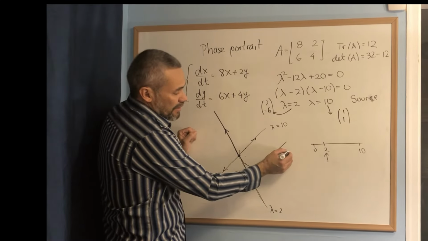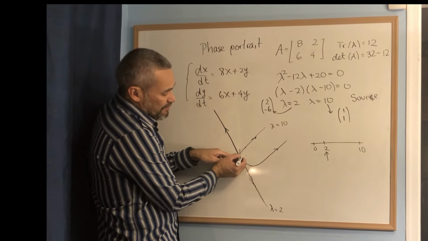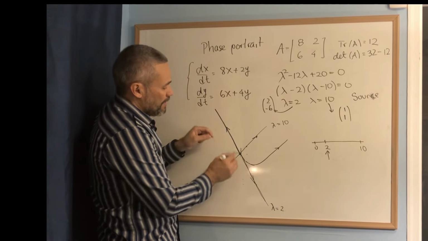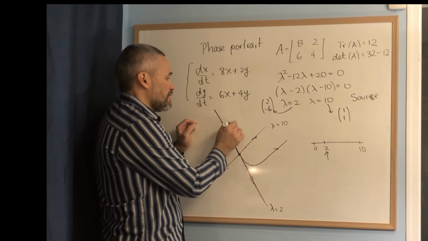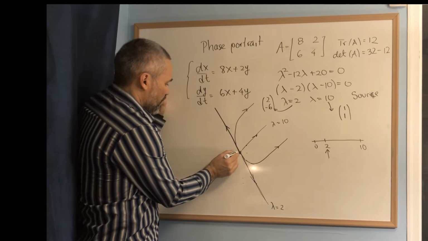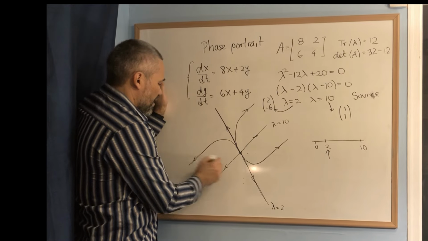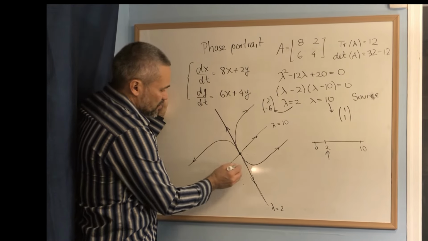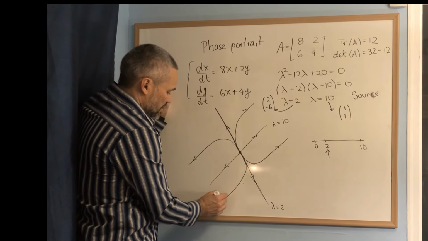Notice that I could draw another one, and it will fit right in between, and it will never touch neither this one nor that one. The other one will look like this. The direction goes out. The other one will look like this. Far away is parallel, close is almost tangent to this direction, and the other way goes like this.